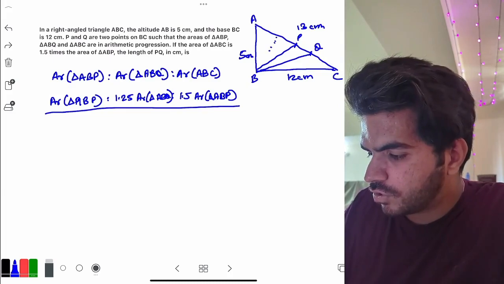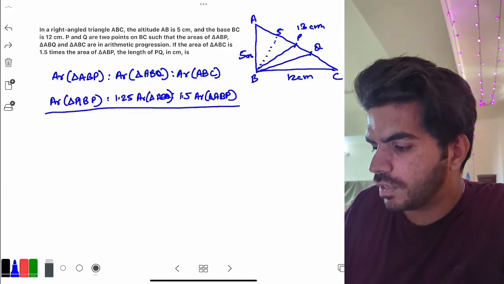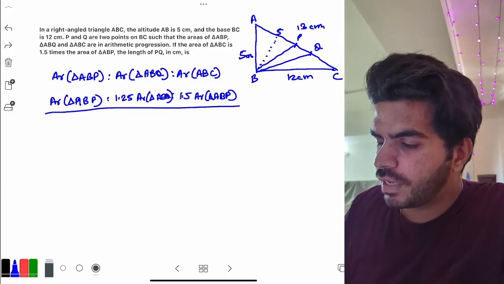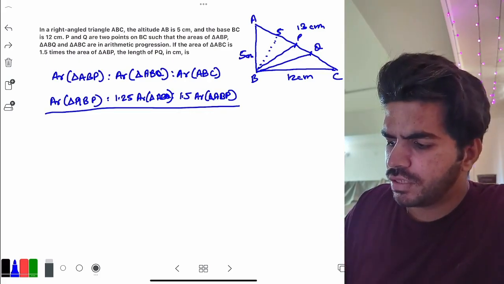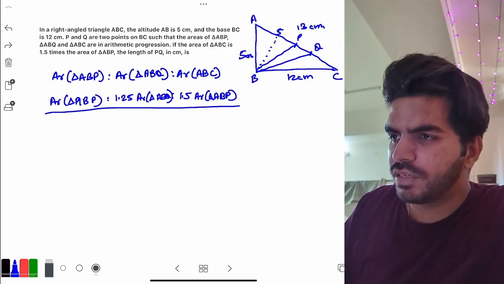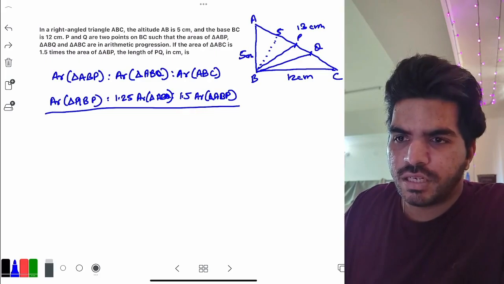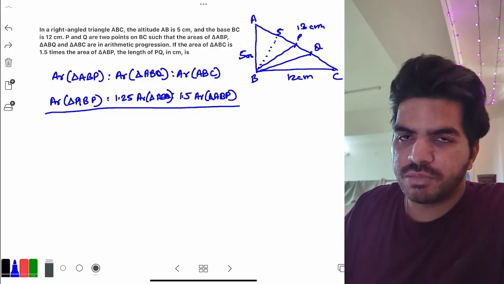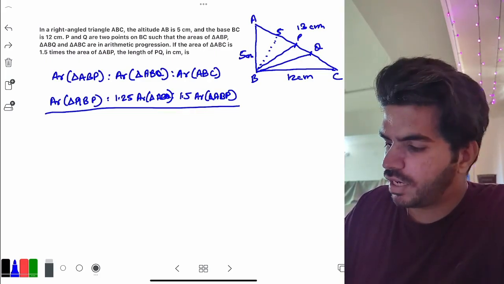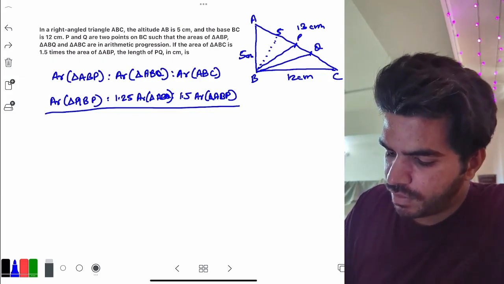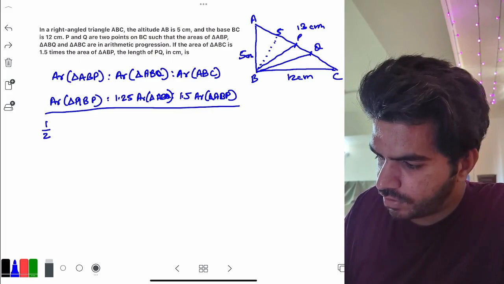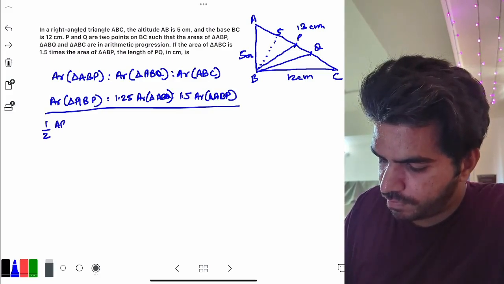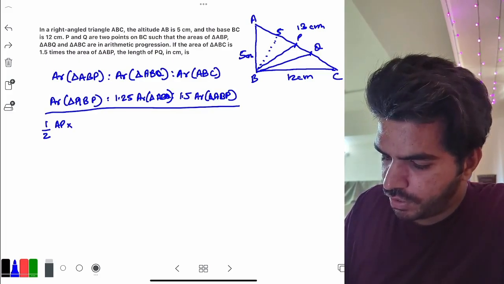Now let's assume this is the perpendicular. We have to find the ratio of AP, PQ and QC. We can see that for all the triangles, when we try to calculate the area, the base will be changing, and the area will be half base, for this one AP into BS.